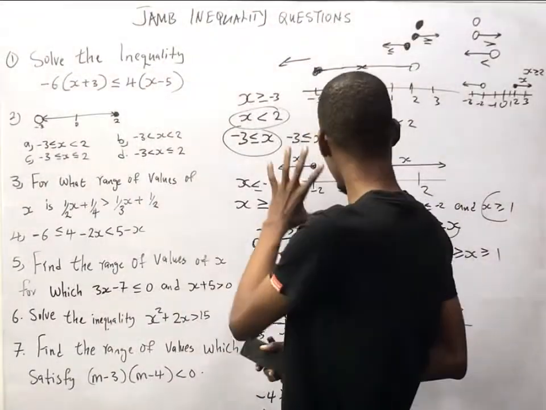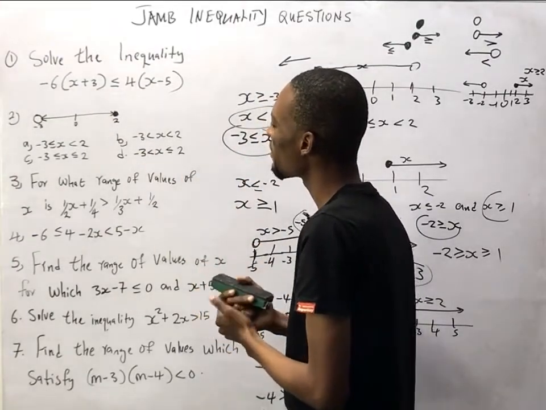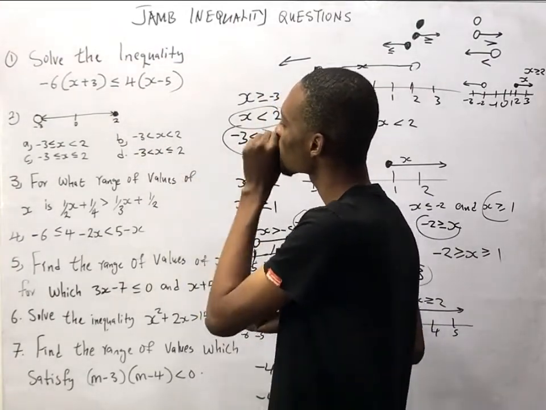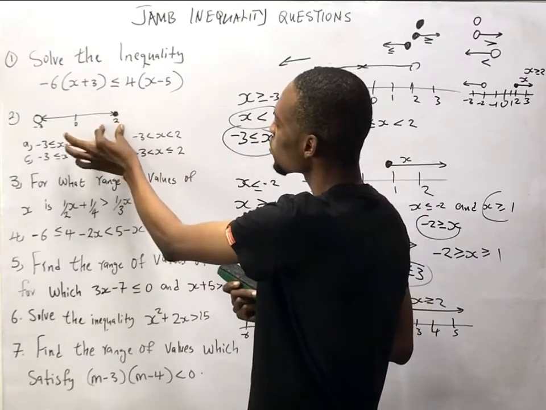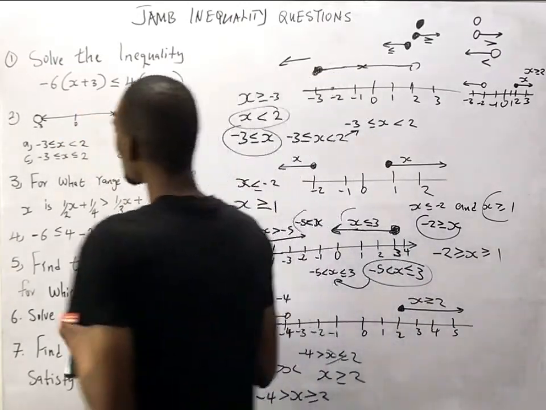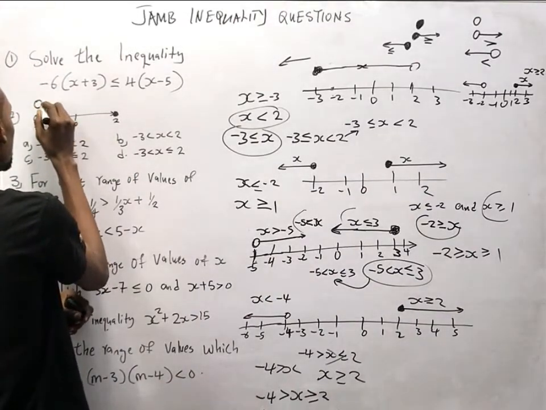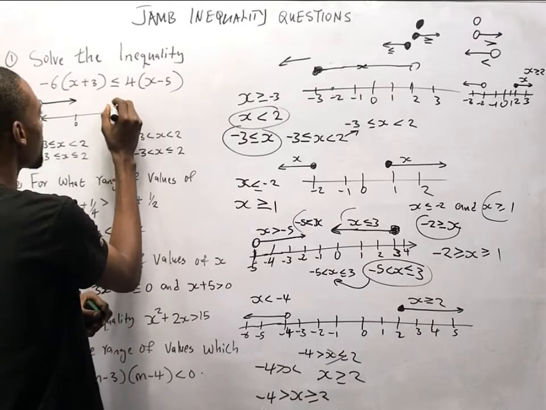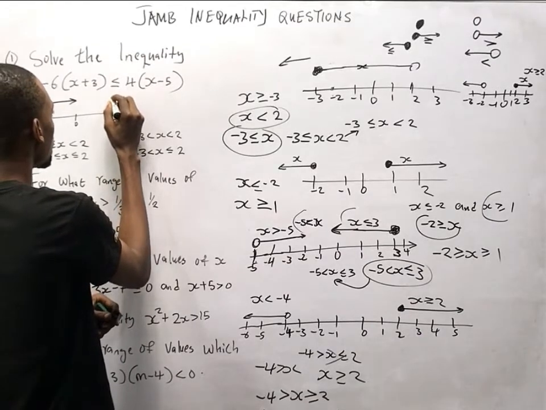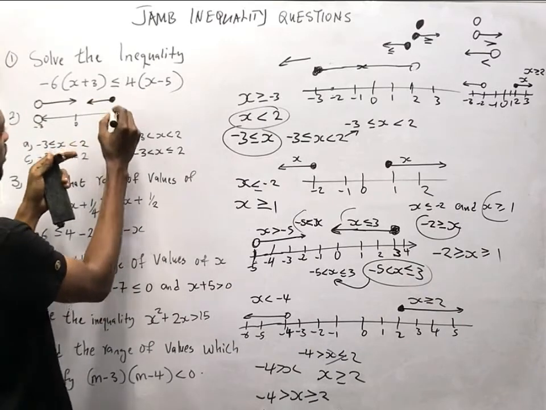So using this knowledge so far to solve this guy, that simply means that minus 3 is lesser than s, and s is lesser than or equals 2, because it's not going beyond. So we can represent this thing as something like this. So this is starting from here.